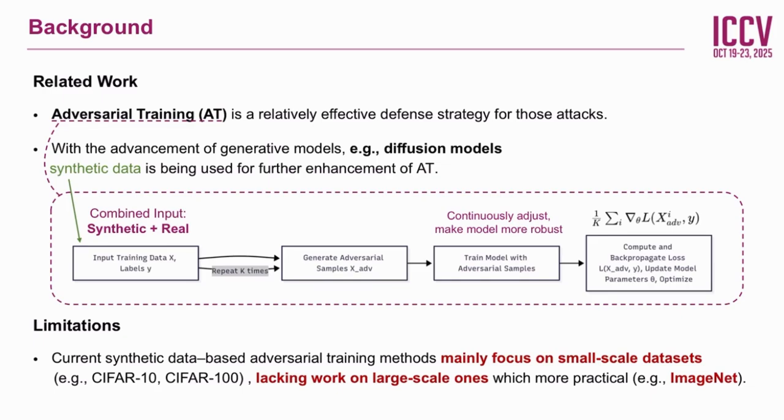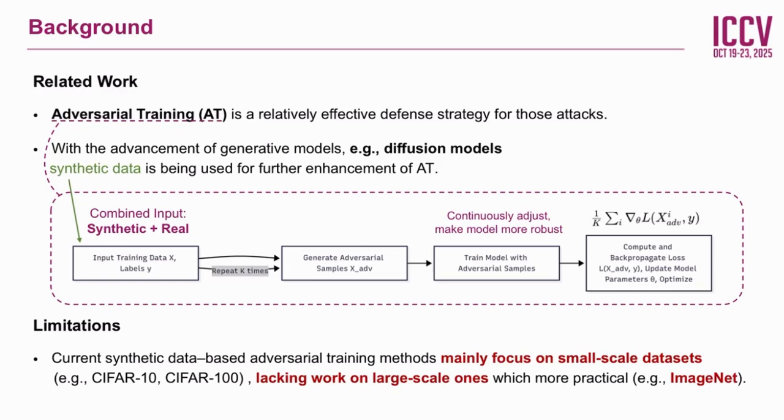This adversarial training process involves iterating multiple times, with the model continually adjusting to become more resistant to the adversarial attack. Both the real and synthetic data can generate adversarial samples, serving as the foundation for the adversarial training.